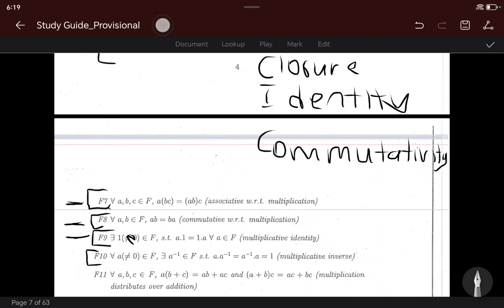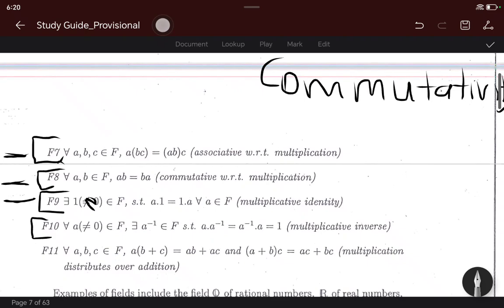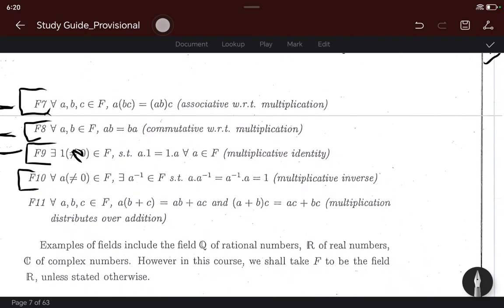Then the last one is that multiplication distributes over addition, which we also have in vector spaces. You're just going to add the 2 elements, then multiply by the one outside. Then you can multiply on the left hand side, also on the right hand side. This will be the 11th property.